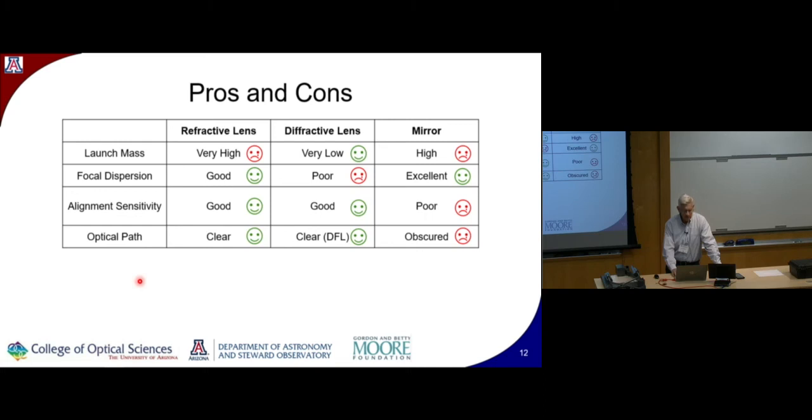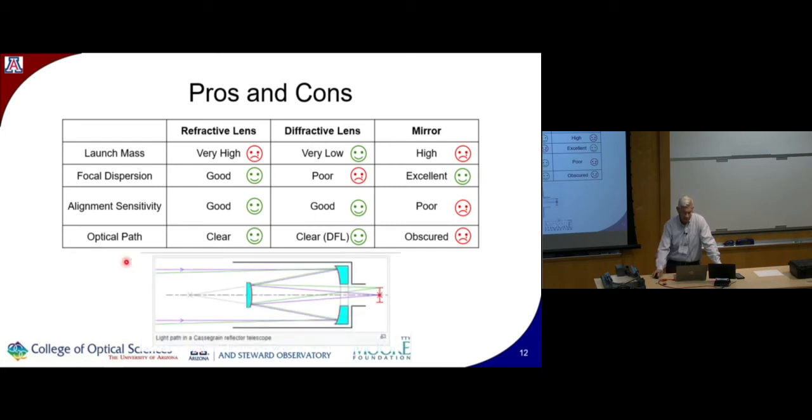Alignment sensitivity: fairly easy to align a refractive lens and a diffractive lens. Very, very difficult for a mirror. That's one of the big problems with mirrors. And with the optical paths: refractive lens, clear optical path; diffractive lens, clear optical path, and that's with the diffractive Fresnel lens I described. In a mirror, you always have an obscured system because you've always got a secondary mirror, in simple systems.